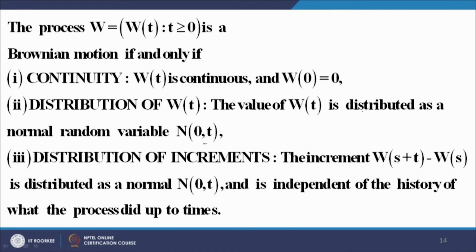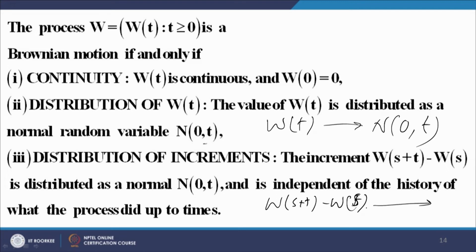Now, the distribution of W t: as I mentioned, W t is normally distributed with a mean of 0 and a variance of small t. The distribution of increments is another interesting feature of Brownian motion. An increment of Brownian motion, W s plus t minus W s, is also normally distributed.